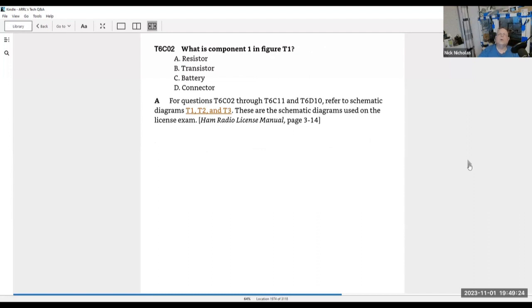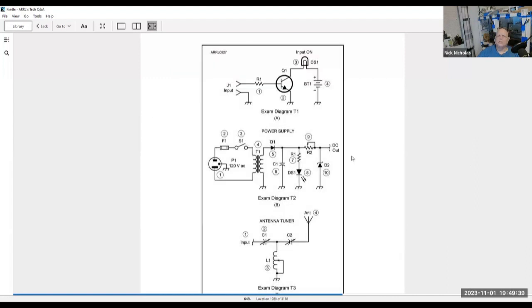ones. What is the component in figure T1? Well, I don't know. Let's go look at figure T1. There it is. Figure T1. All right. Now, what was that question? I don't know which component. Let's go back.